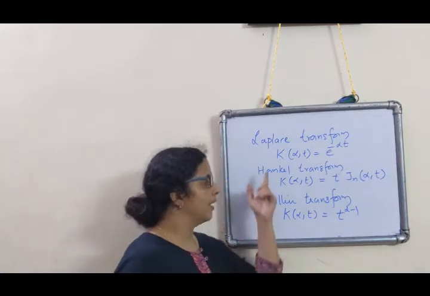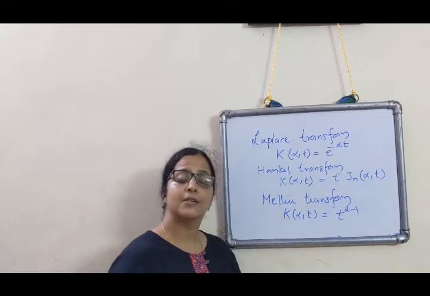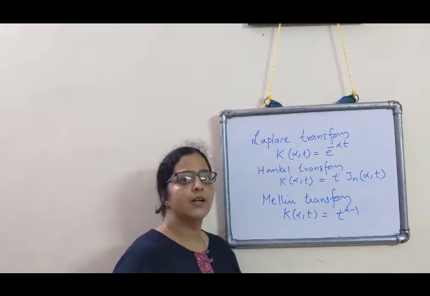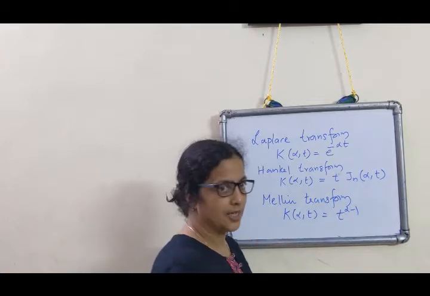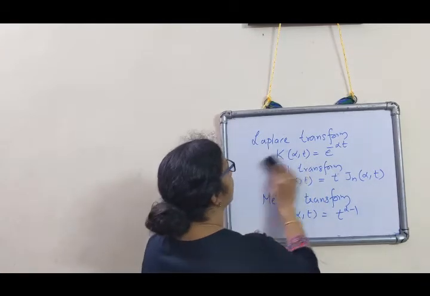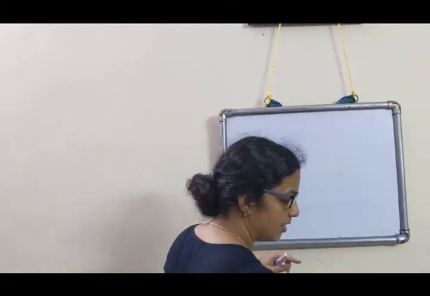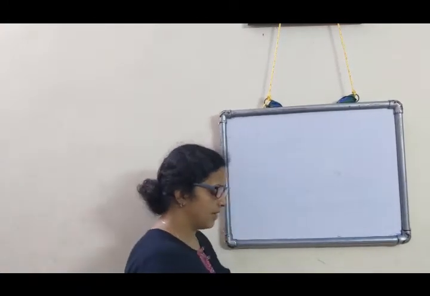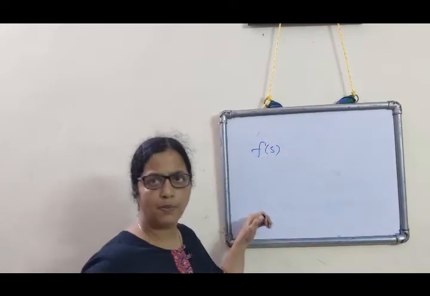Now, among all these integral transforms, the Laplace transform is the most commonly used one. So, we will deal with the Laplace transform in detail. The Laplace transform of a function is notated like this: small f of s.